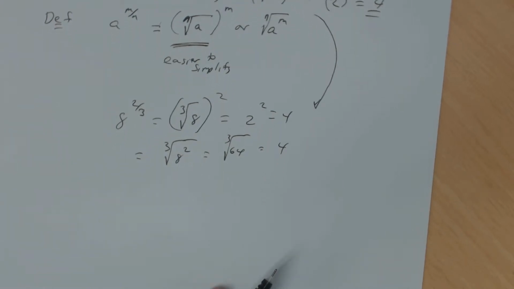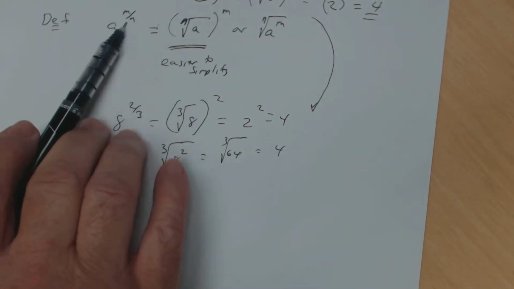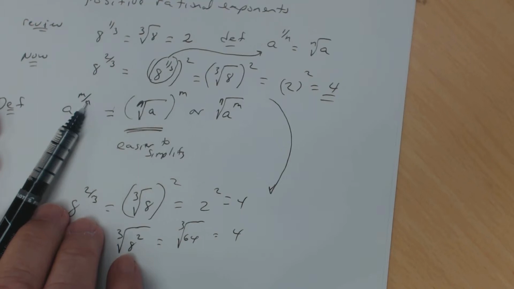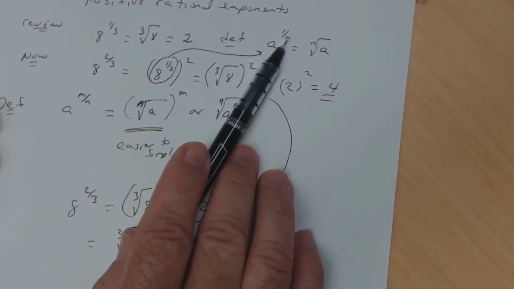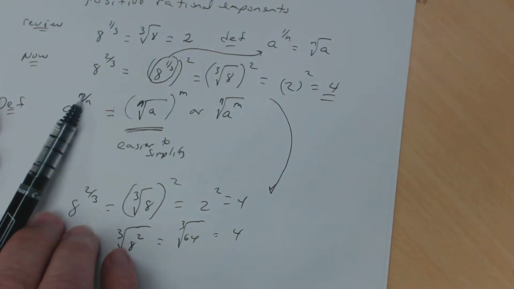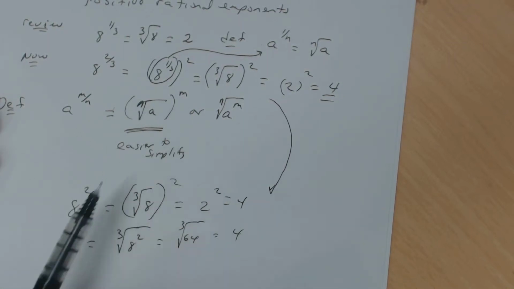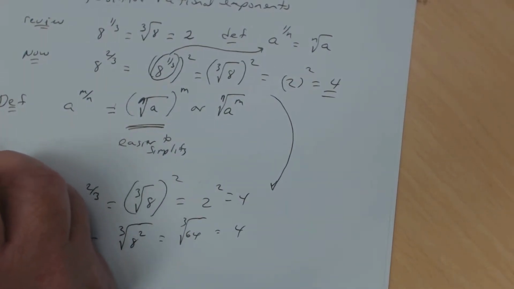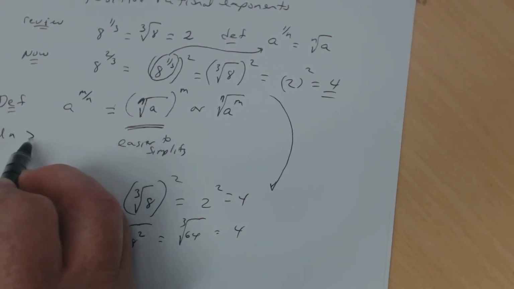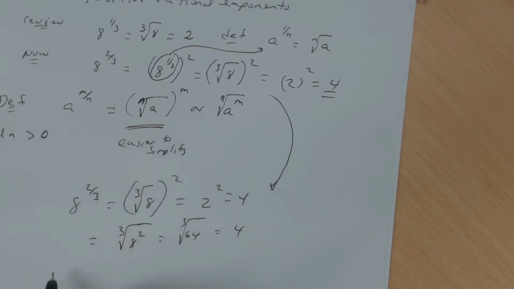Also keep in mind that when using this definition, just like when using this, remember we said that n here must be a positive integer greater than 1. So here, m and n must be positive integers, must be greater than 0.